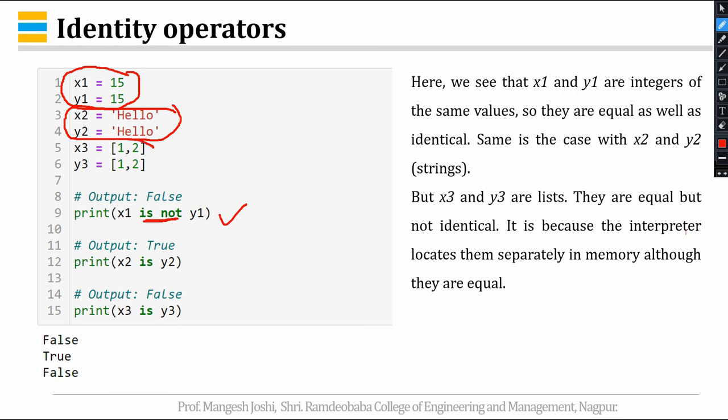But in the third case, x3 and y3 are containing lists. Even if the contents of the lists are the same, they are equal, but they are not identical. Why? Because when you print x3 is y3, it displays false, meaning they are located at different memory locations, although they are equal. This is the identity operator.